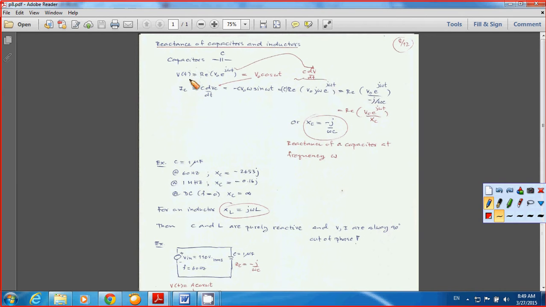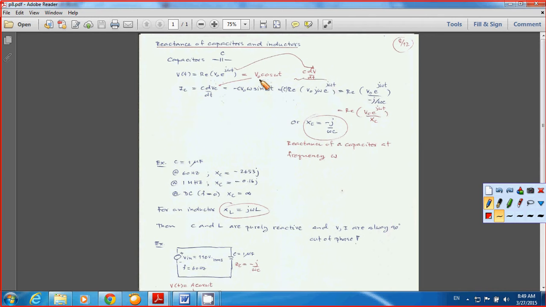For a capacitor, as I mentioned before, we can write the voltage in terms of the real part of Vn exponential of j omega t, and also Ic simply equals C dVc by dt.